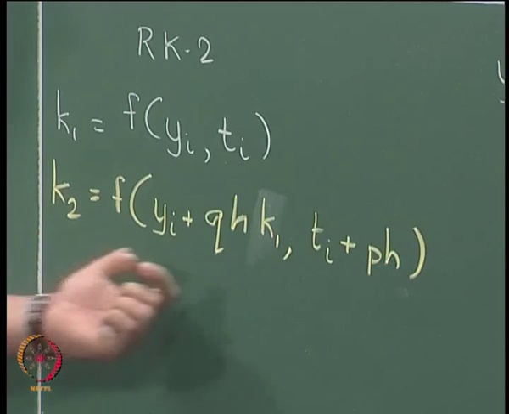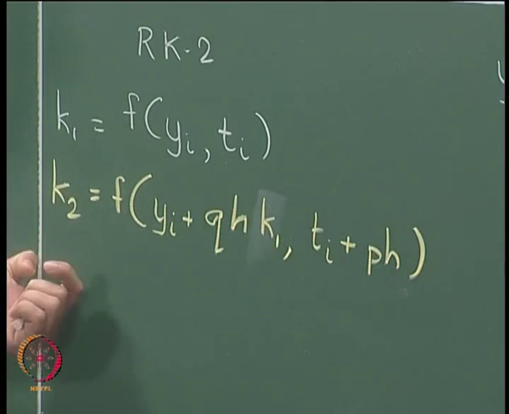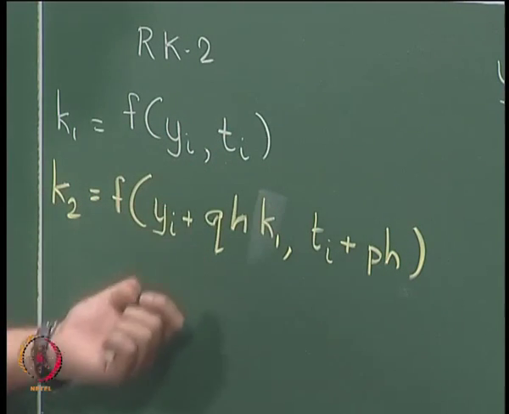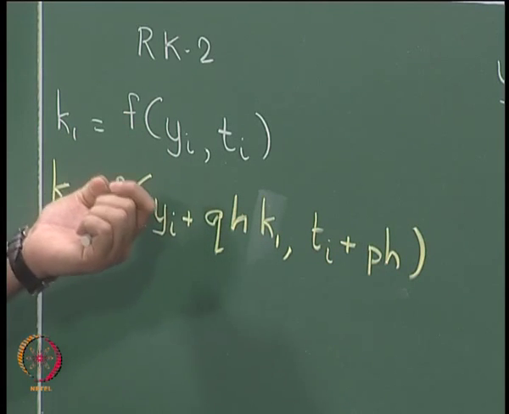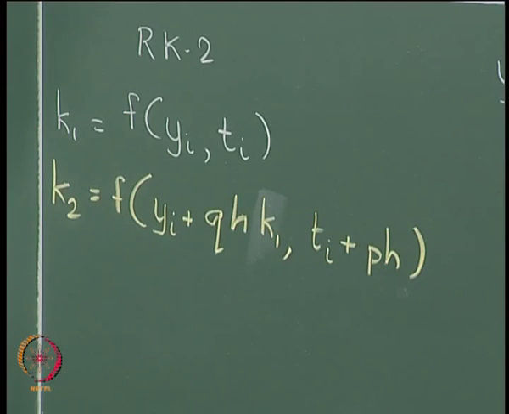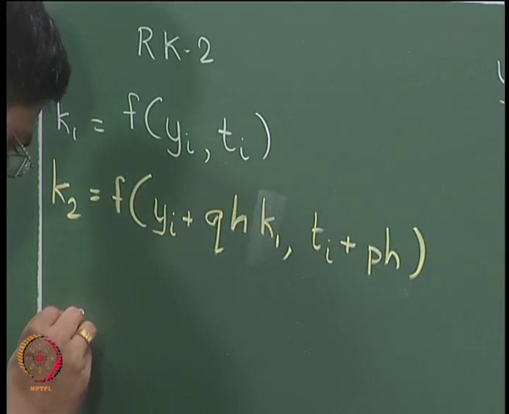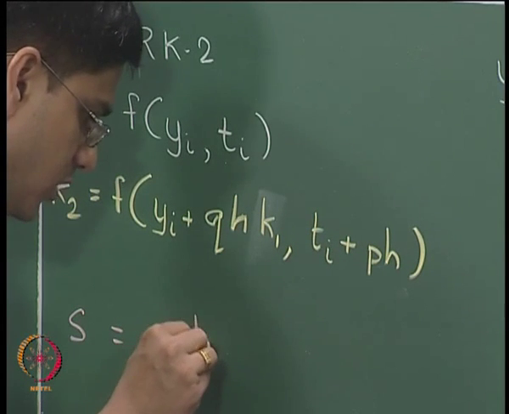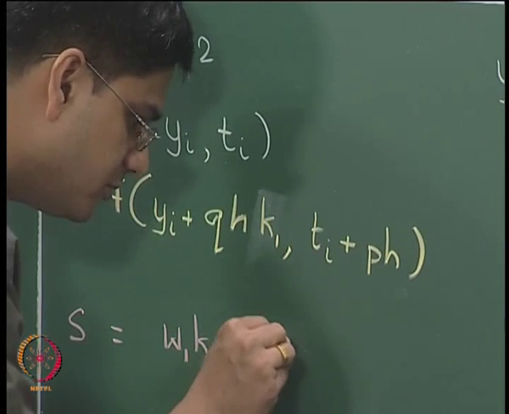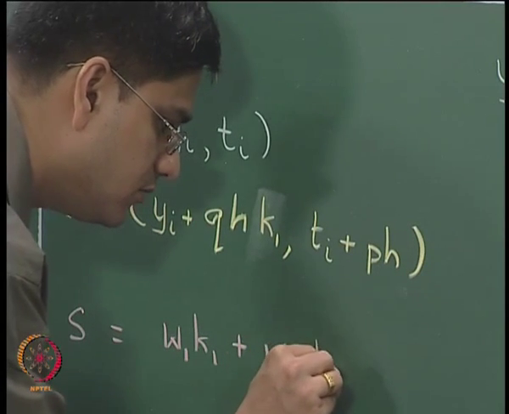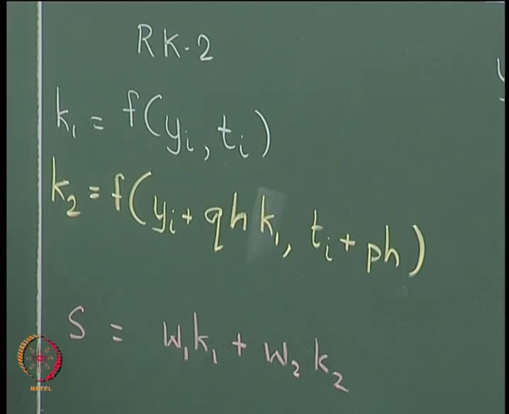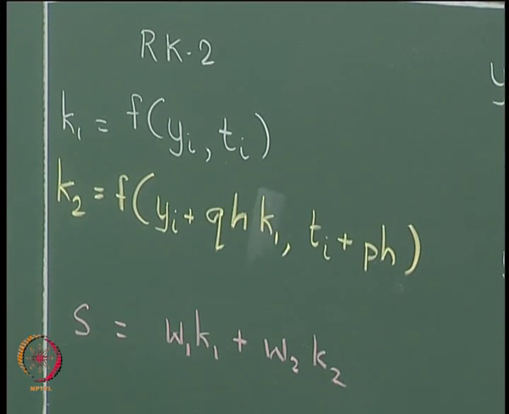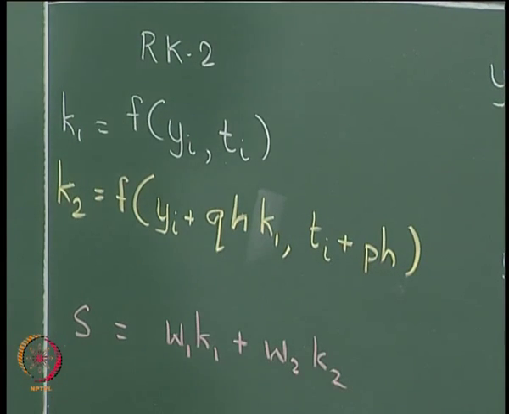So, now these become the two slopes required in using the Runge-Kutta second order method, and the actual slope is going to be equal to weight w1 multiplied by k1 plus a weight w2 multiplied by k2.